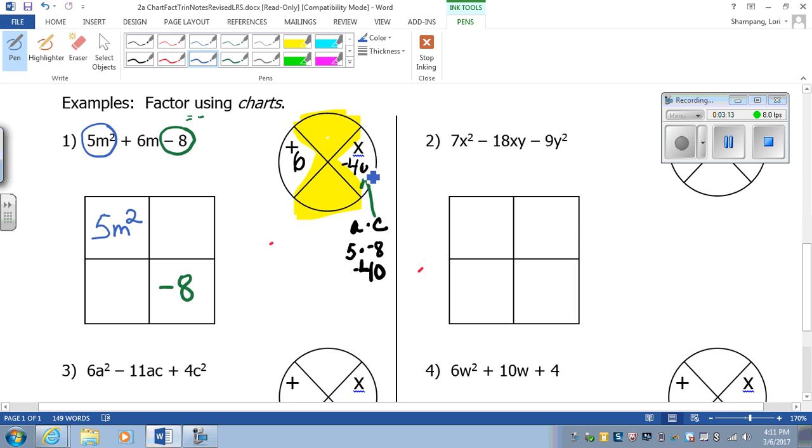I can figure that out in my head because I know that the product of 10 times -4 is -40. And when we add 10 plus -4, we get positive 6. So let's go ahead and write those in our circle. We're going to have 10 here and -4 here. So again, 10 times -4 is -40. 10 plus -4 is positive 6.